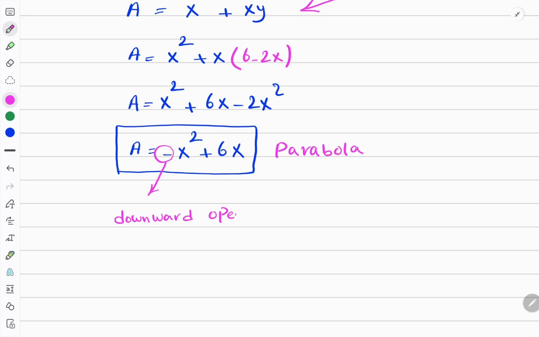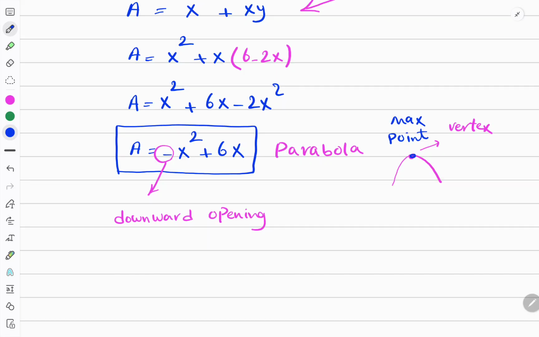Okay, so if we want to draw this graph, it's going to be something like that. And this is the vertex. Because we have minus x squared, it opens downwards, so we will have the vertex here. As you can see, this is the topmost point of this parabola, and we have a maximum point here.